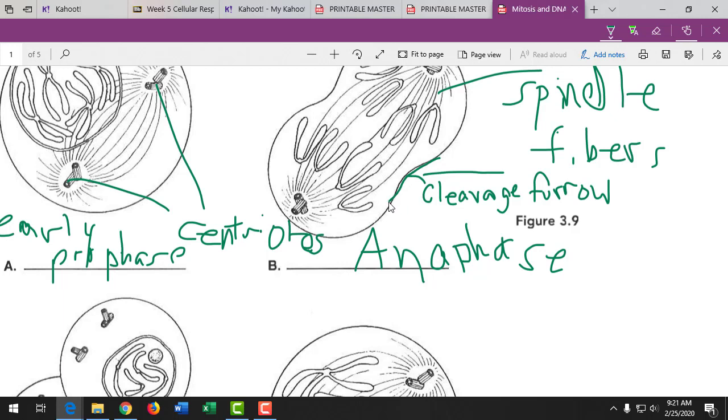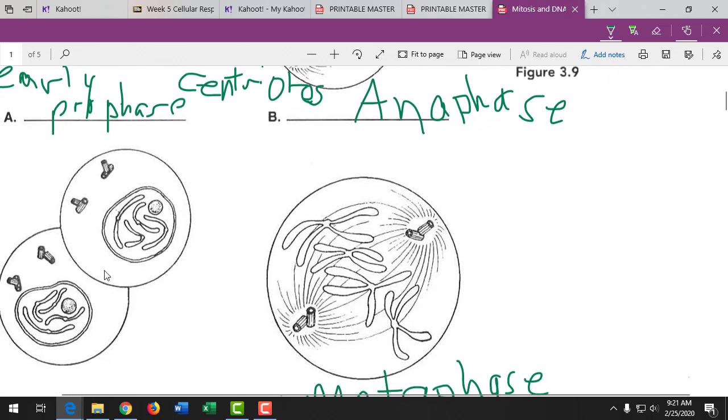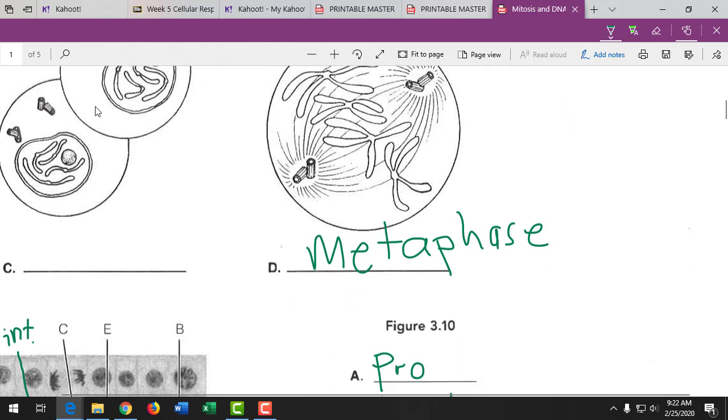The process of forming a cleavage furrow is called cytokinesis, this process of pinching inward, and that pinching inward will continue until we have 2 new cells. And then the nuclear membranes reform, the nucleolus reappears, because this is the nuclear membrane, this is the nucleolus, and we have 2 new cells. So this is late telophase.